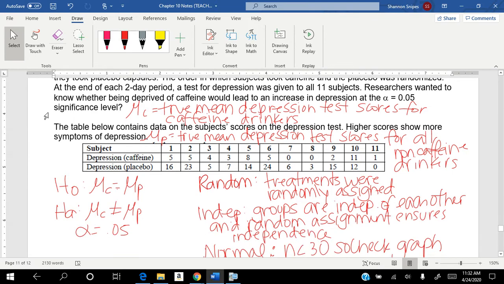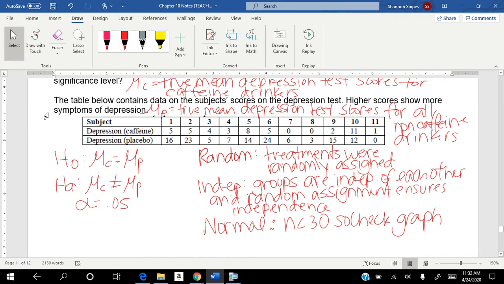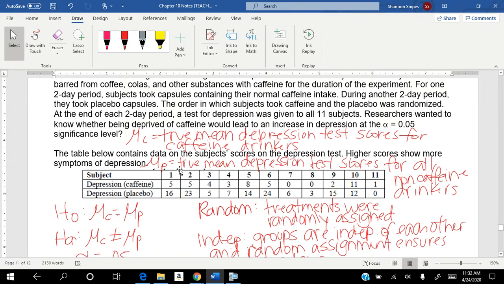So make sure that your language is clear when you are defining your variables in an experiment. All right, so our null hypothesis is that mu sub C, the mean for the caffeine drinkers, is going to equal the mean of the placebo. And your alternative, I think I was wrong. I should not have used not equal to. I was writing very quickly. Let's see.